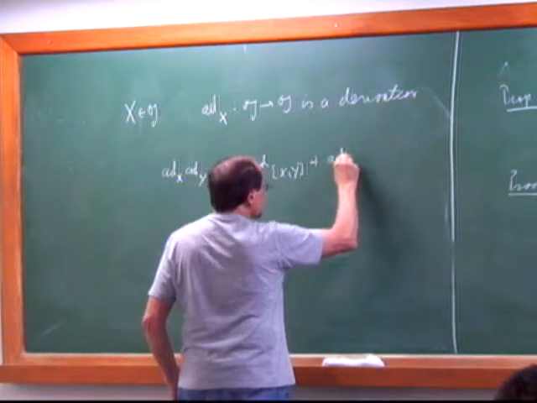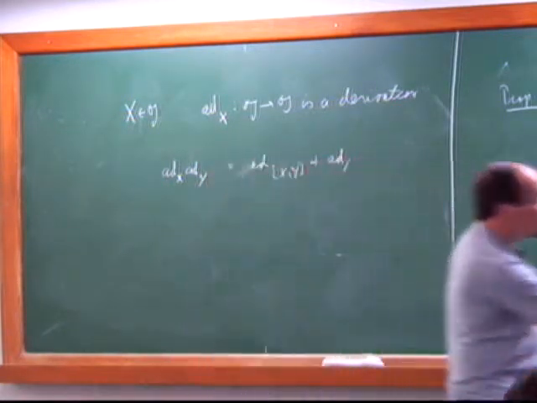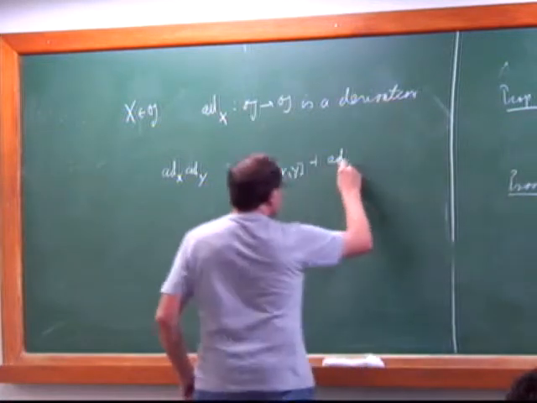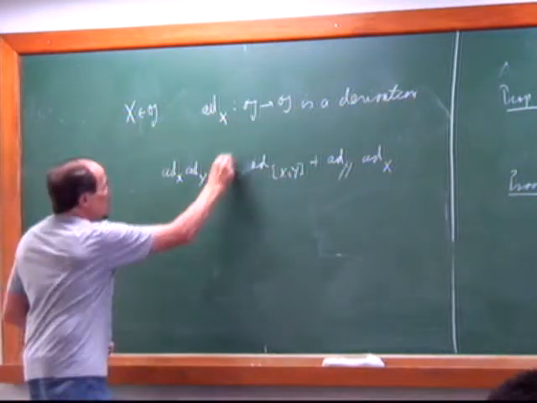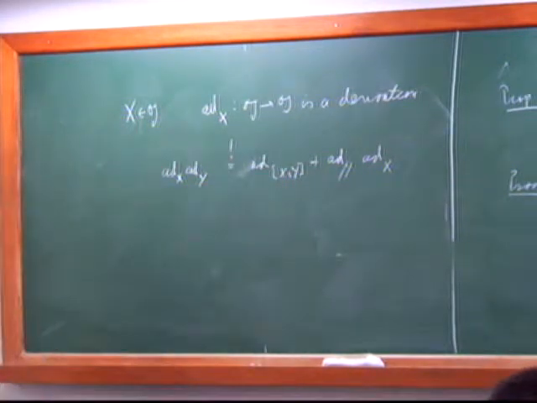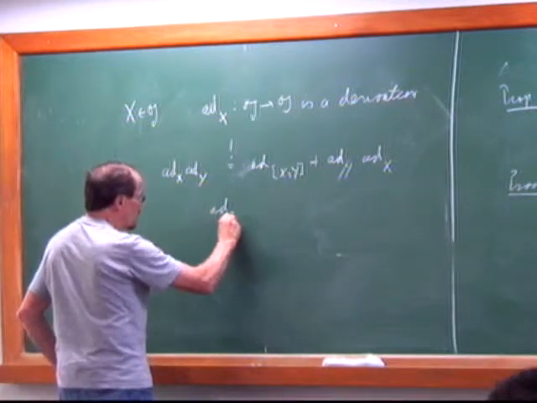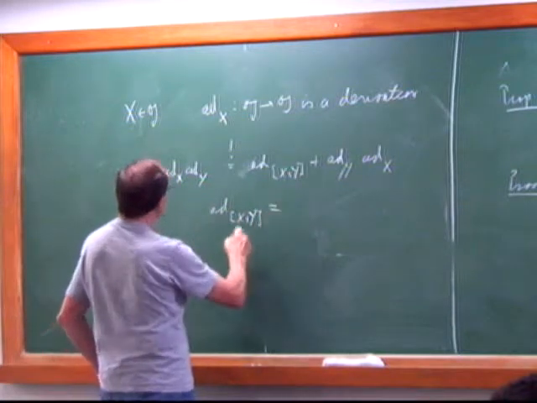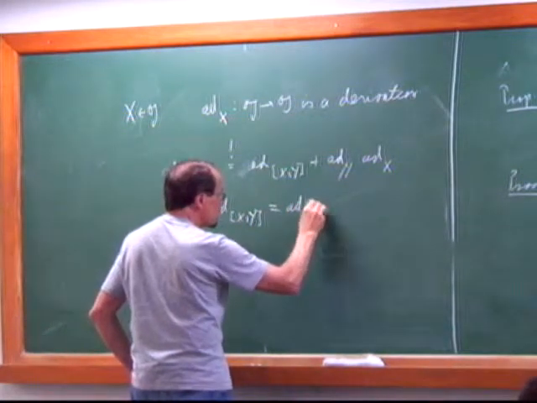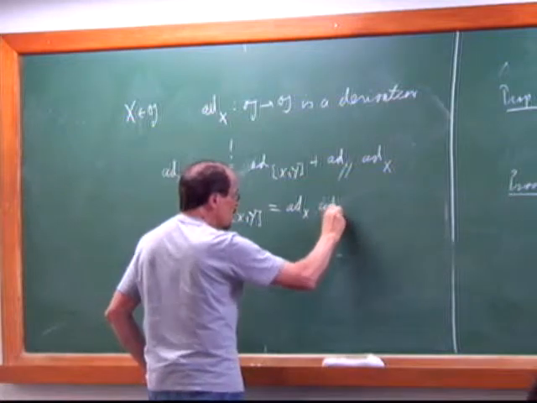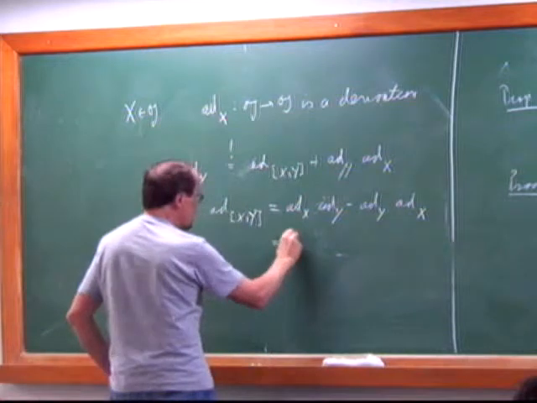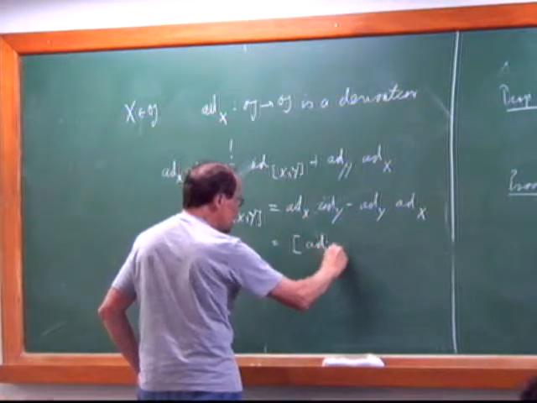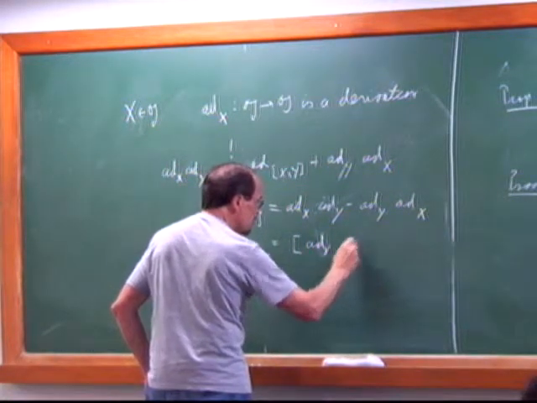I did something wrong. Replace x by y plus ad y ad x. Sorry. So that's the derivation property, right? I have to show that. But of course, just looking at this, this says that ad of [x, y] is ad x, ad y minus ad y, ad x. And that's the Lie bracket of ad x and ad y in the general linear algebra.